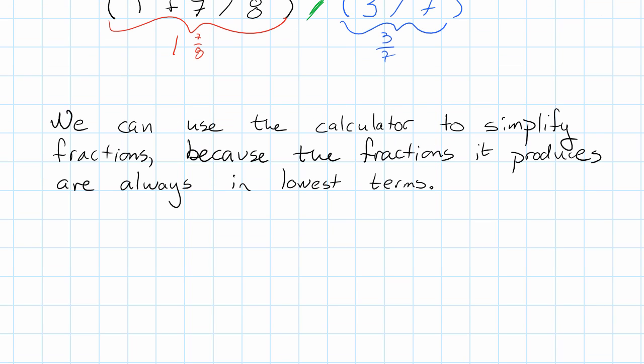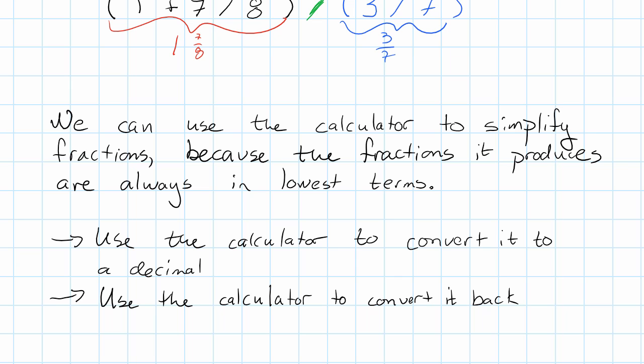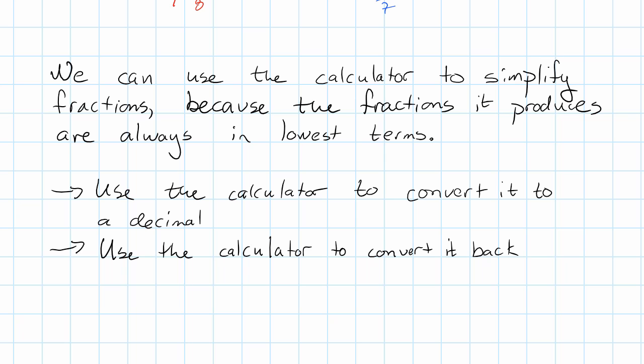Now one other thing we can use the calculator for is this. We can use the calculator to simplify fractions, because the fractions it produces are always in lowest terms. So, to simplify a fraction, we use the calculator to convert it to a decimal, and then we use the calculator to convert it back.